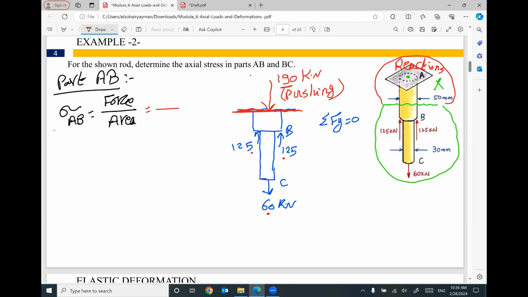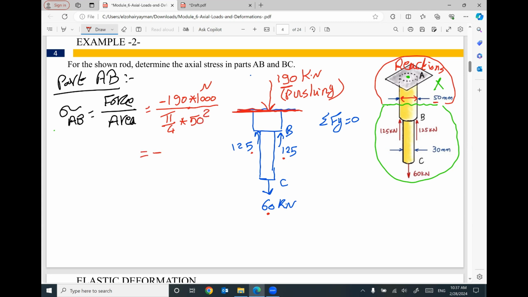So your force will be negative 190. I will multiply it by 1000 to be in Newton. What is the cross-section area at your cut? The diameter at this cut equals 50 millimeters. So the area will be pi divided by 4 times 50 millimeter squared.